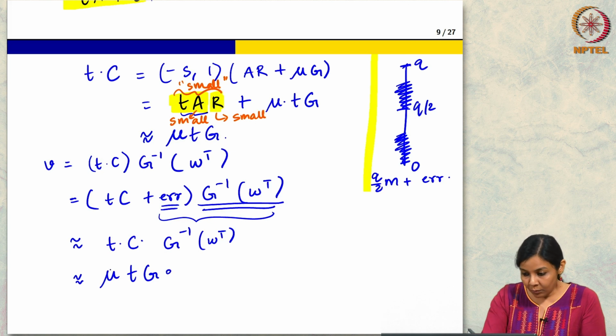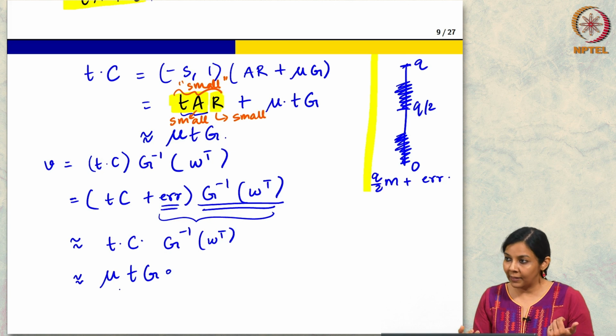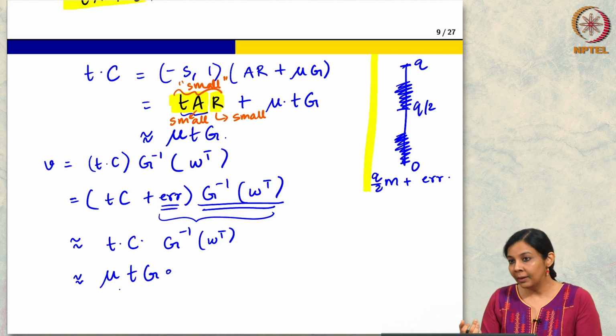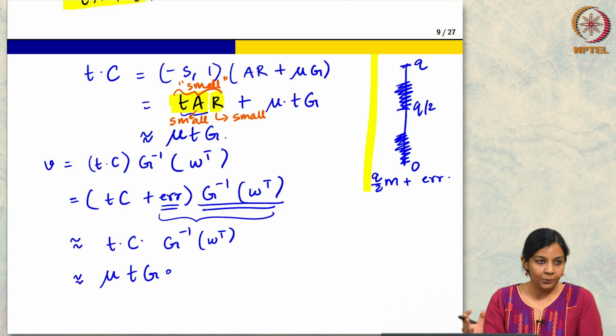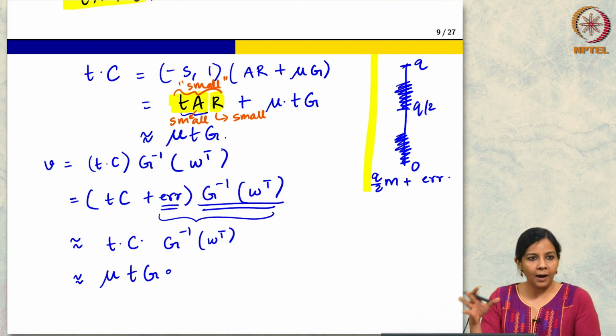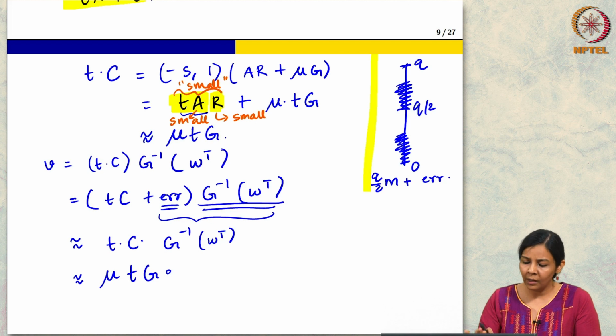See how these approximations are working out for us very nicely. Of course, that is the cleverness of the scheme. Because t times c is also not exactly mu t g, it is mu t g up to some noise, but these noises I am just adding them up. Later we will have to worry about how to control the noise growth, but for now we will just keep going.